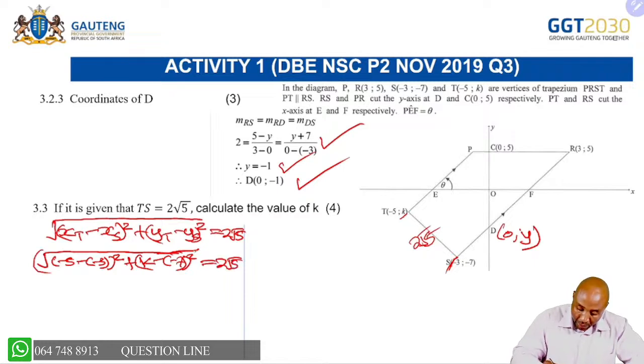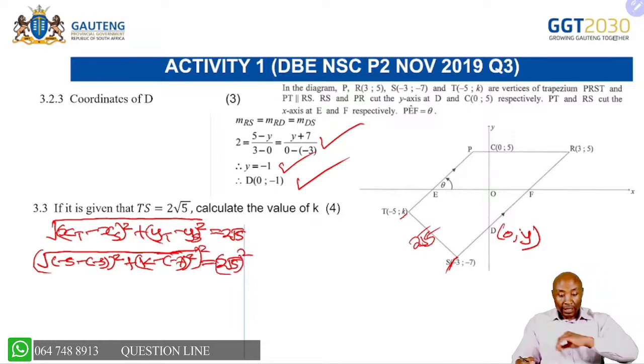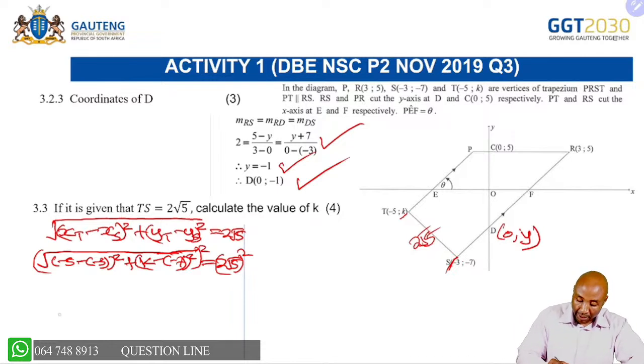To take away the square root, we know that we are squaring both sides. Remember, I said we need knowledge of how to solve equations. Without using a calculator, there is no more square root because I've squared both sides.